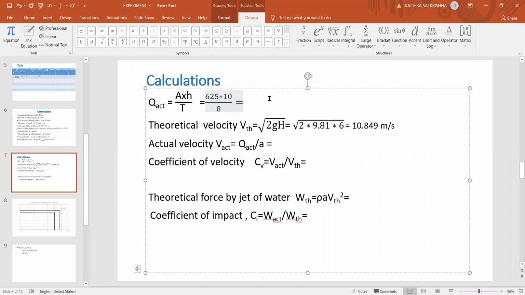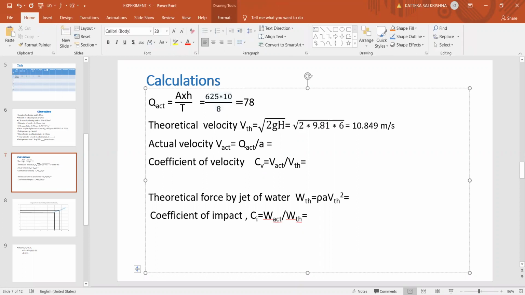So what are you getting here? 781.25 centimeter cube per second. But we need it in meter cube per second.